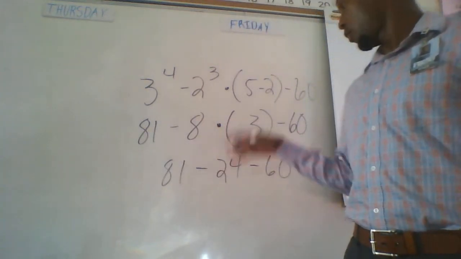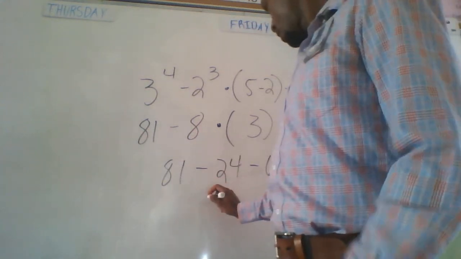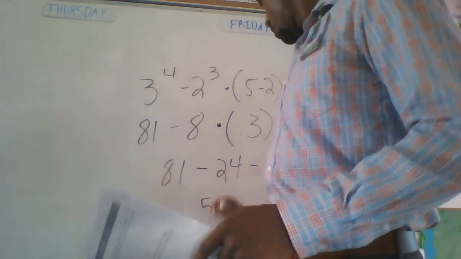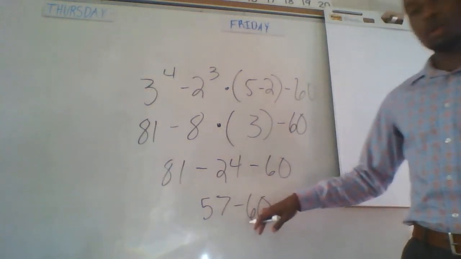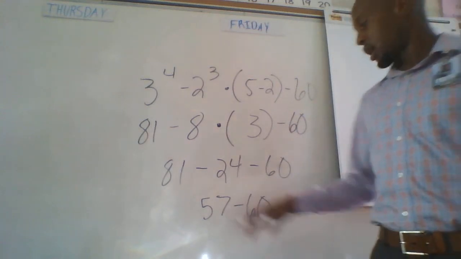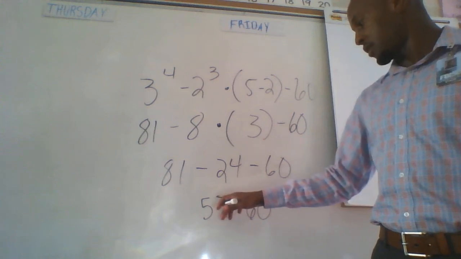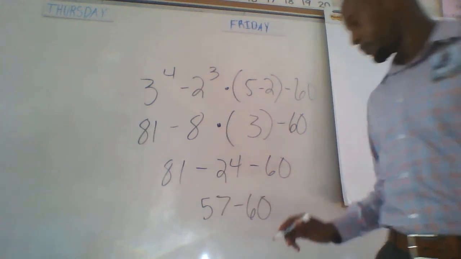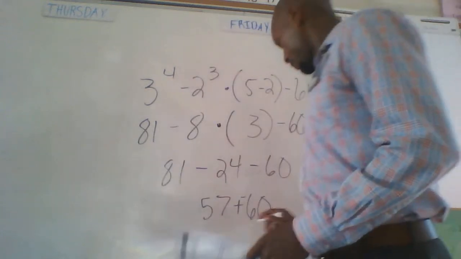Minus 4 is 57. Then 57 minus 60. We're subtracting more than what we have, so we know it's going to be a negative number. So we add the opposite: 57 plus negative 60 gives us negative 3. So the answer is negative 3.